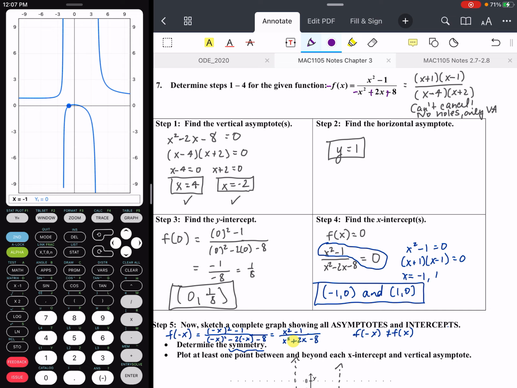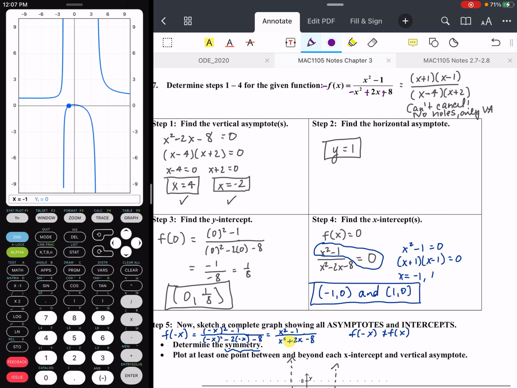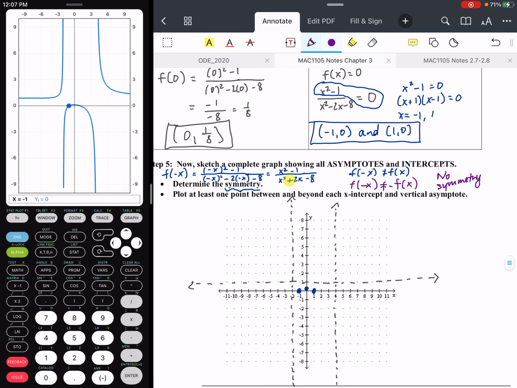I have x squared plus 2x minus 8, so I don't have a match in the denominator. So I also know that f of negative x does not equal negative f of x either. So that means there's no symmetry. No origin symmetry, no y-axis symmetry.